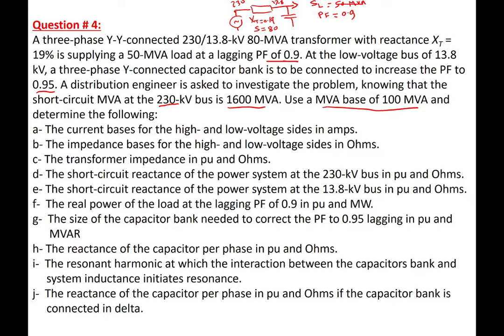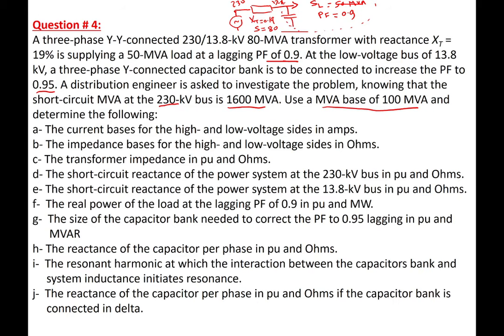Now once we connect the capacitor bank, the power factor improves to 0.95. Okay, so this is the simplified circuit, and he said to use the base of 100 megavolt ampere.